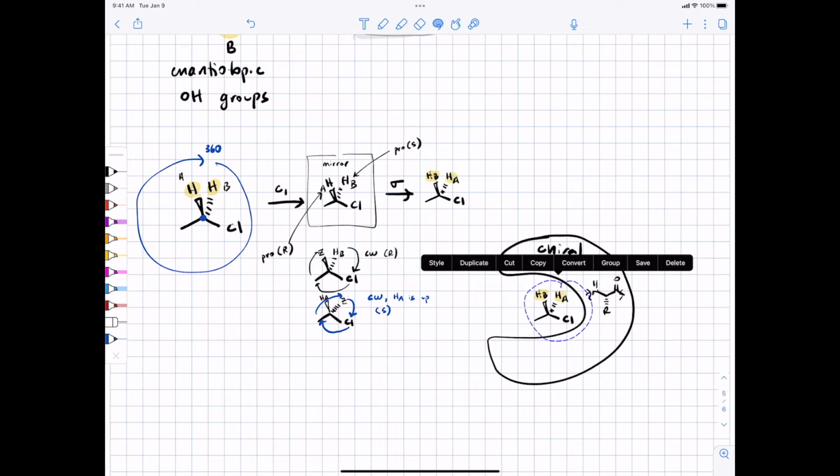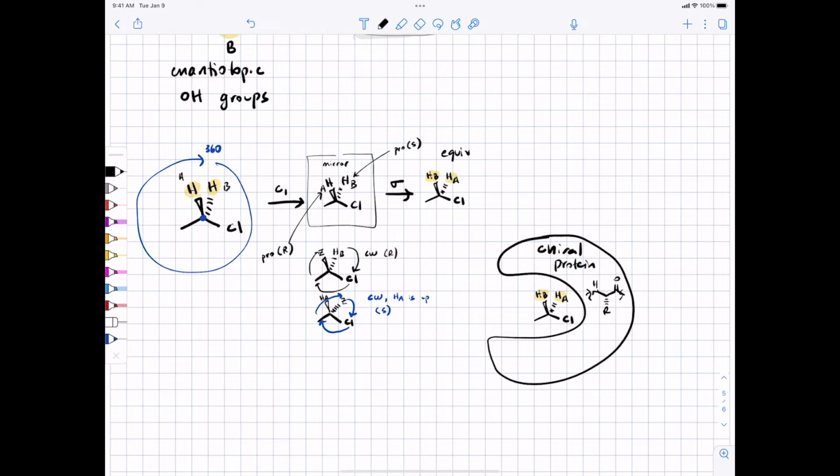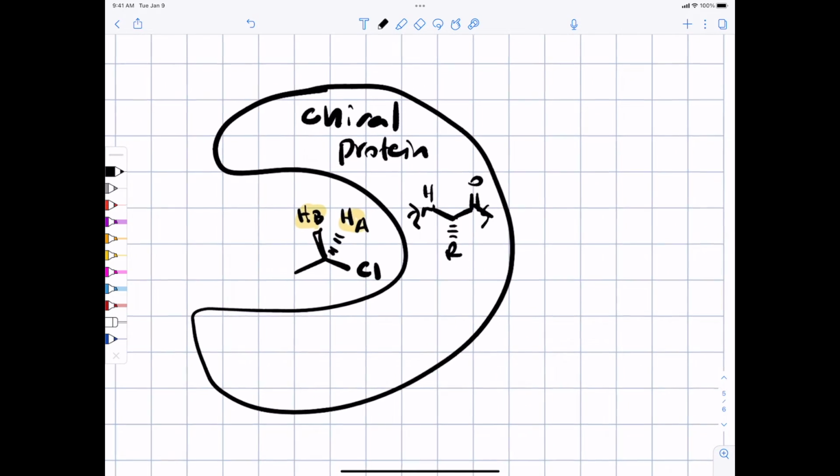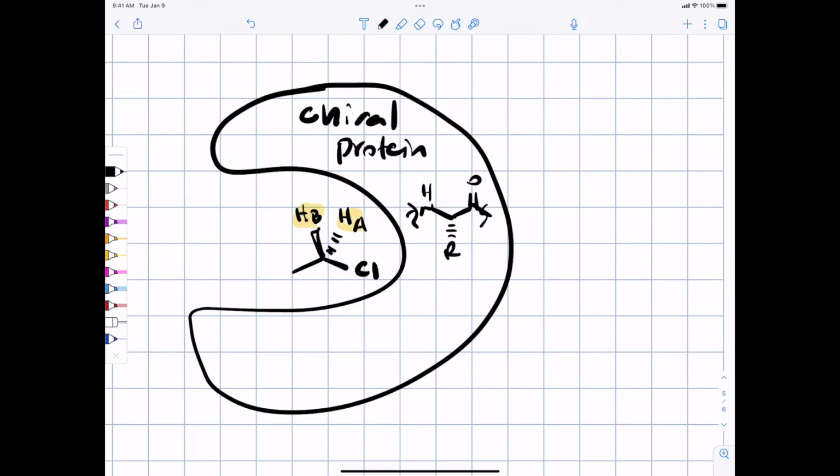Now they are no longer identical. So HA and HB are equivalent in a non-chiral environment. But now because they are in a chiral environment, they are no longer equivalent.